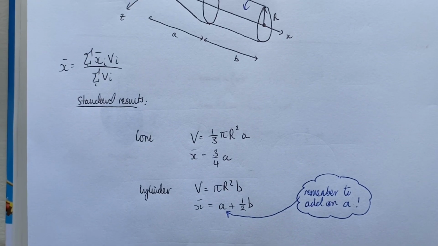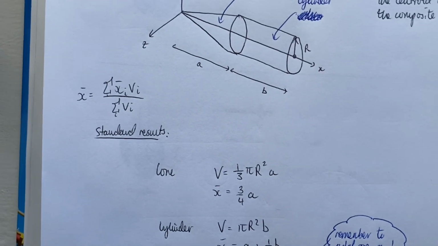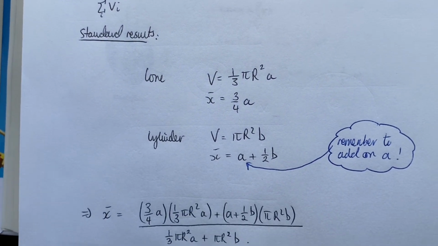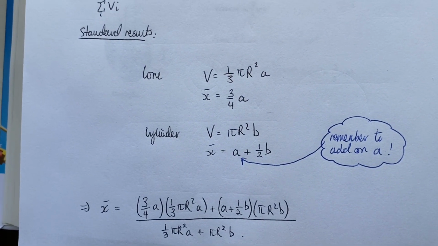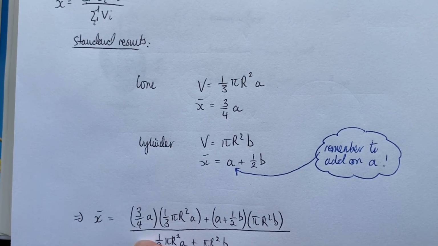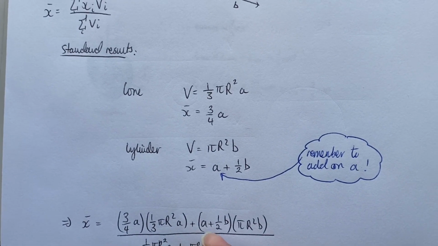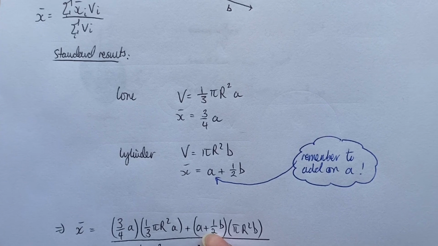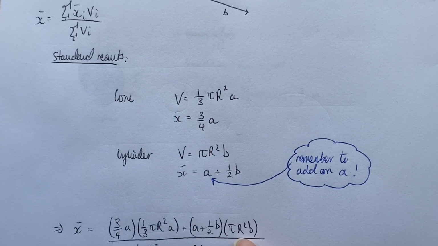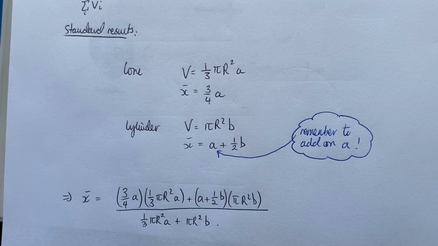So then all you need to do from there is put these two different pieces of the formula into this expression here. So first of all, I've just done x1, which is what I'm calling x1 bar, which is for the cone, multiplied by v1, which is the volume of the cone, plus x2 bar, which is the x bar coordinate of the cylinder, multiplied by the volume of the cylinder, divided by the total volume of the composite shape.